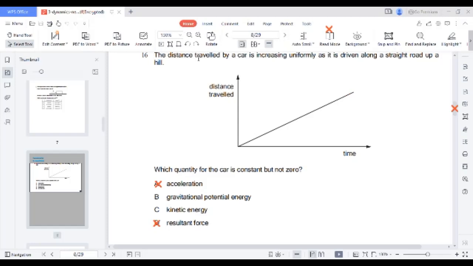Let's see, the distance traveled by a car driving along a straight line on a road. It means its height is 0. When height is 0, its potential energy is also 0.